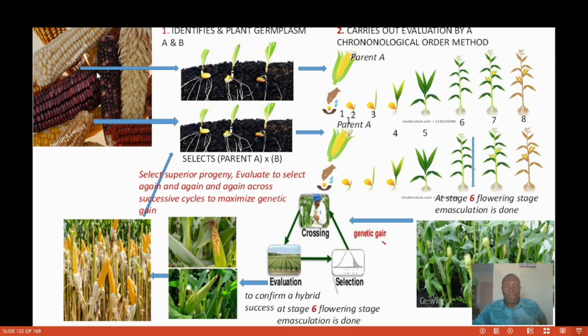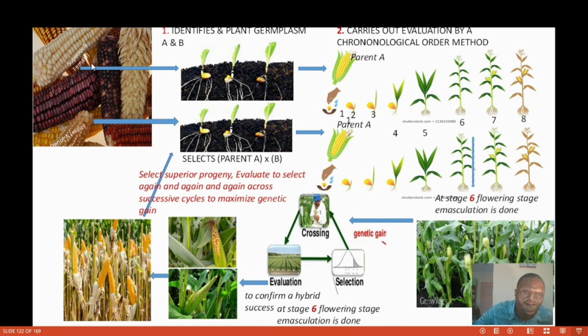Remember, we did an assessment of plant breeders' needs, of the producers' needs. Those are the farmers. We found out that they are interested in maize, for example, that is white grain, high yielding, good plant stature.